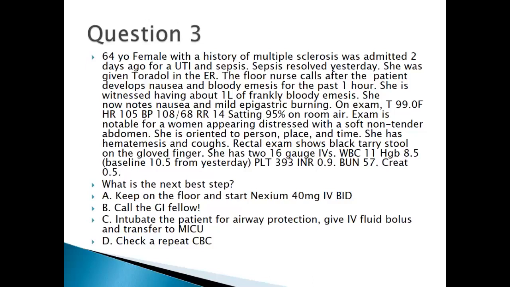The exam is notable for a woman appearing distressed with a soft, non-tender abdomen. She is oriented to place and time. Hemoglobin 8.5, baseline 10.5 from yesterday, platelets 393, INR 0.9, BUN 87, and creatinine 0.6.